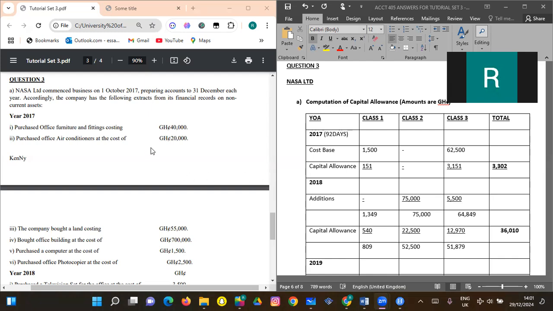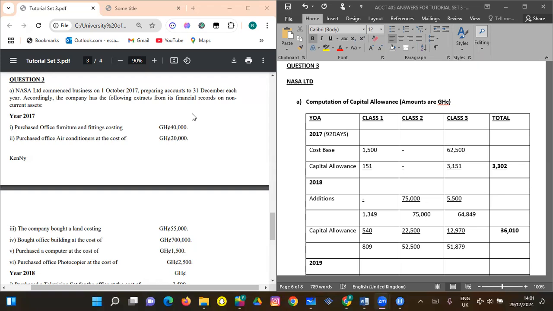All right. So NASA Limited commenced business on 1st October 2017, preparing accounts to 31st December each year. Accordingly, the company has the following extracts from its financial reports on non-current assets.